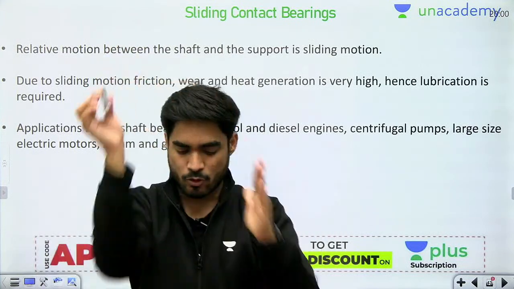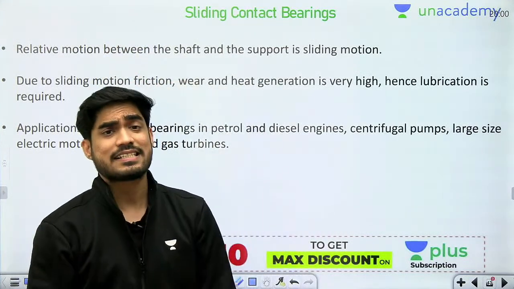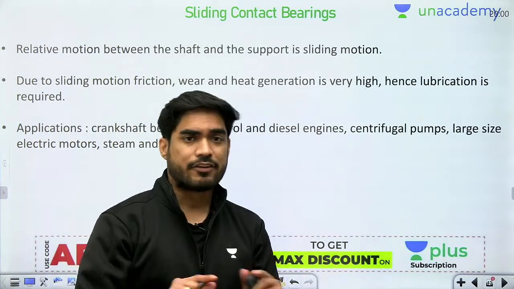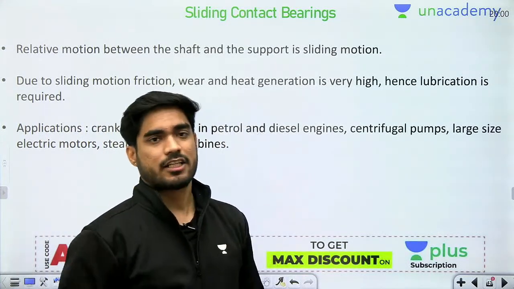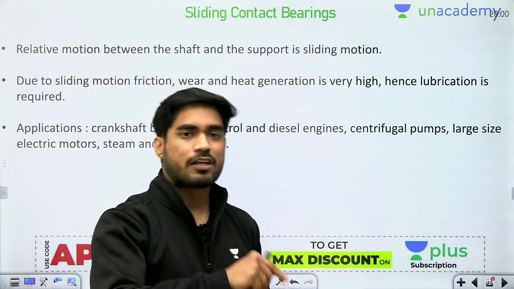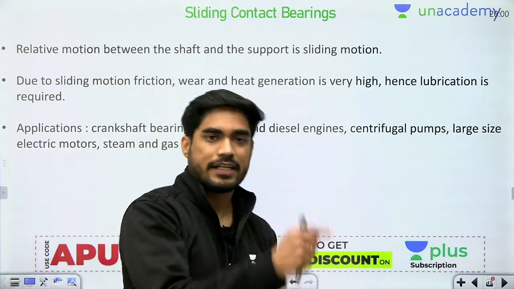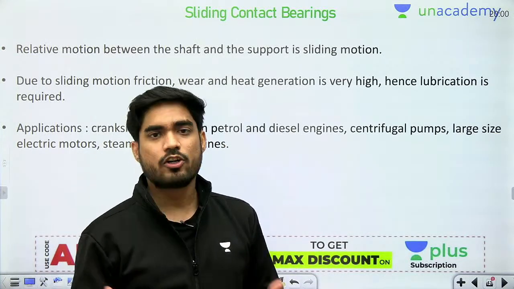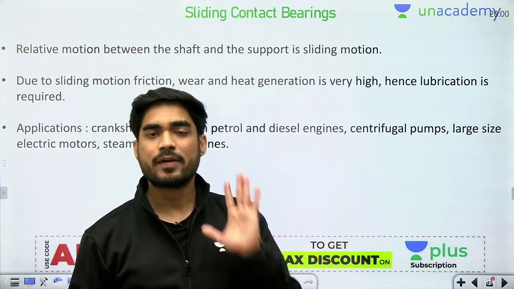Sliding motion will be there, and if there is sliding motion, then friction will be high, and if the friction is high, then heat generation will be high, then loss of torque will be high, then wear and tear will be high. So in order to reduce the friction, what do you need to do? You need to use lubrication.